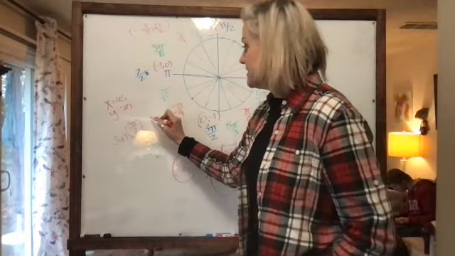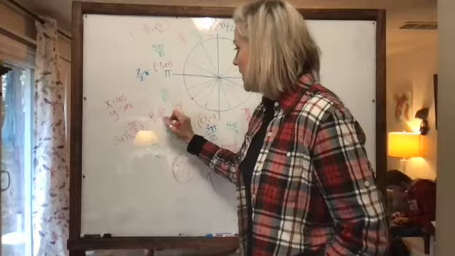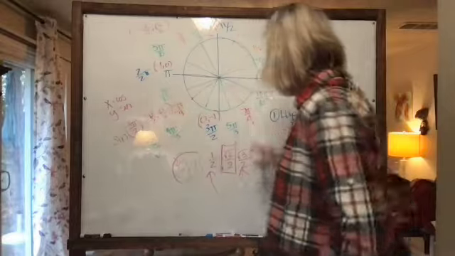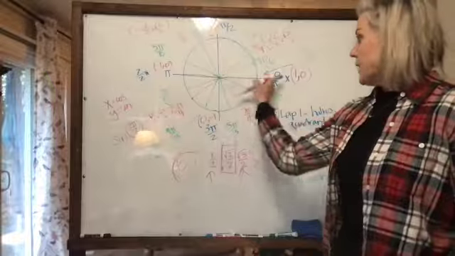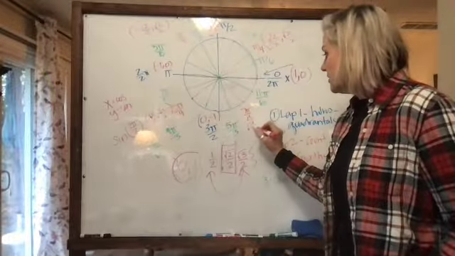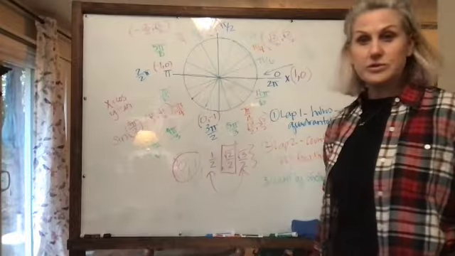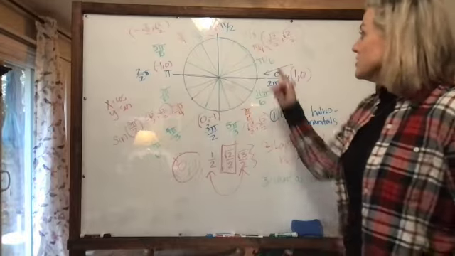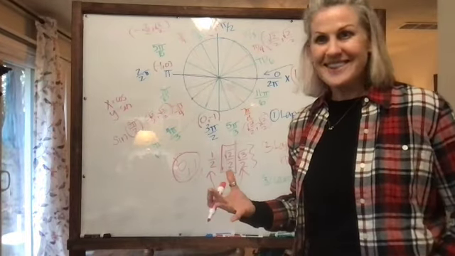So this guy is negative twins, negative root 2 over 2, negative root 2 over 2. And this guy, my last quarter mark, is positive negative. Positive root 2 over 2, negative root 2 over 2.